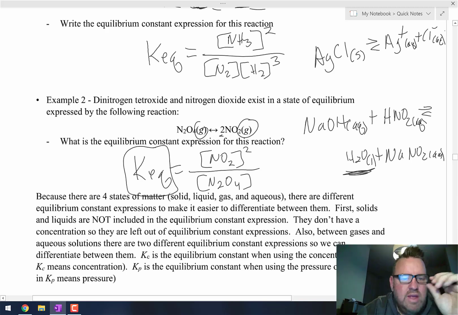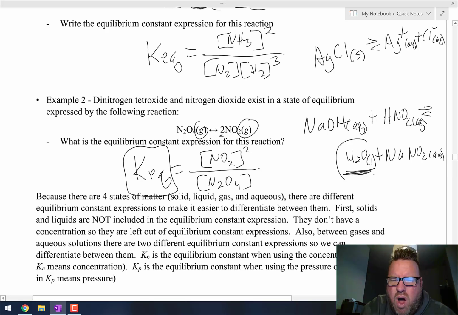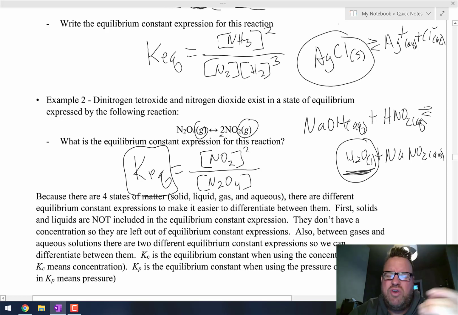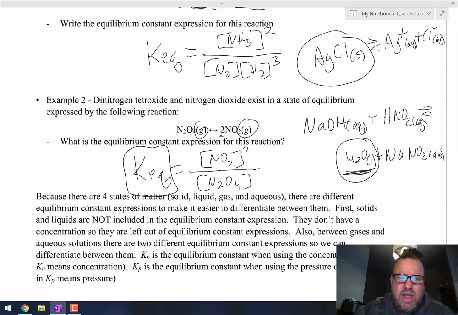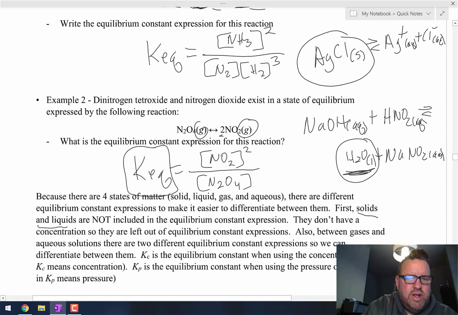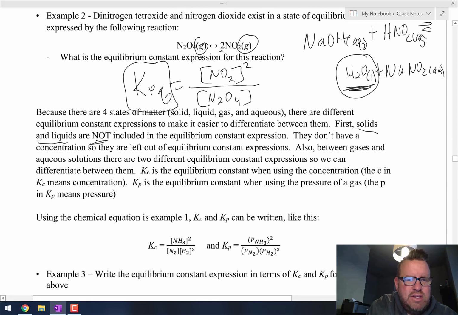And so what happens? What's the concentration of water in water? What's the concentration of a solid? What's the concentration of sand in some water? There isn't one. So first of all, solids and liquids are not included in the equilibrium constant expression.